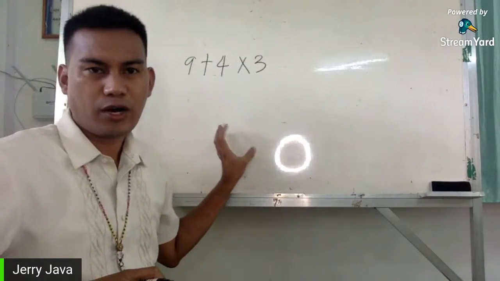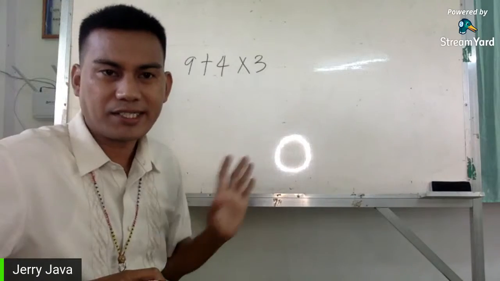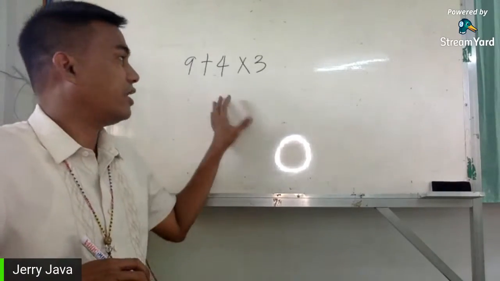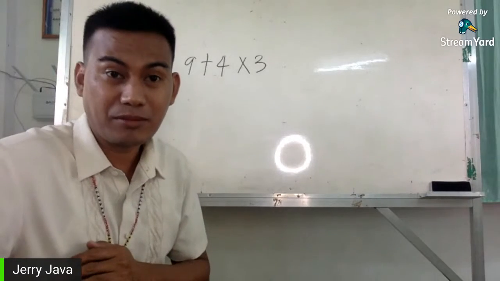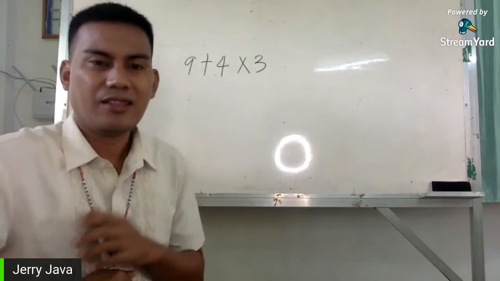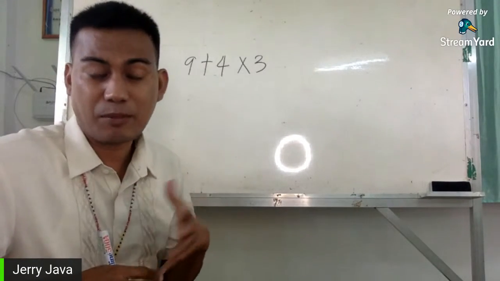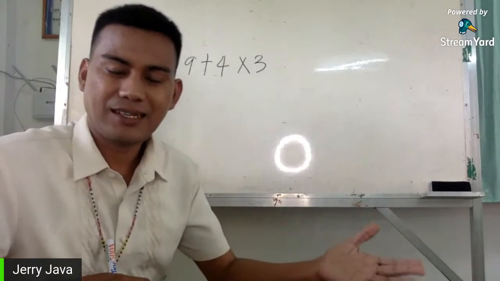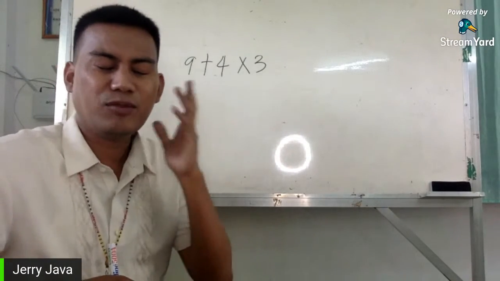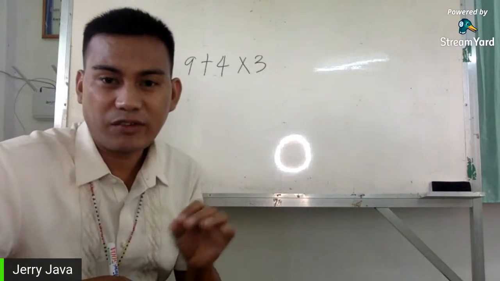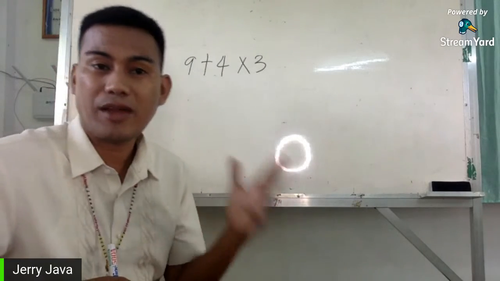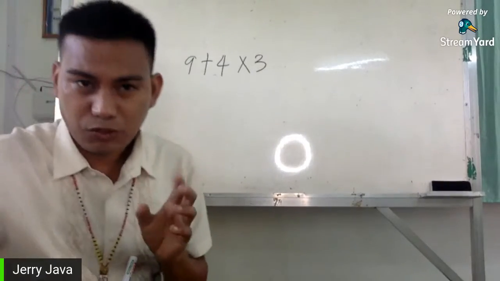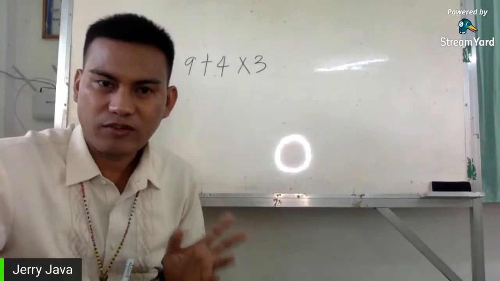9 plus 4 times 3. We are still reviewing on order of operations. Remember the GEMDAS or the PEMDAS. You first answer the one inside the parentheses or the grouping symbols, then exponents, then multiply or divide, whichever comes first, working from left to right, and then add or subtract, whichever comes first, also from left to right.